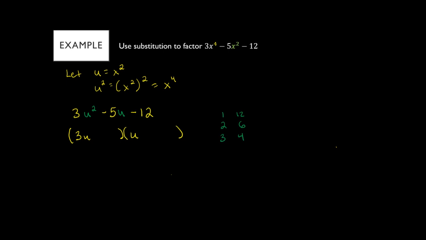And we have to get a combination. We're multiplying to a negative, so they're going to be opposite. We're going to have a positive and a negative. And the combination needs to get to a negative 5. So we're doing our subtraction again. So I'm just running the numbers in my head, trying to figure out a good combination.